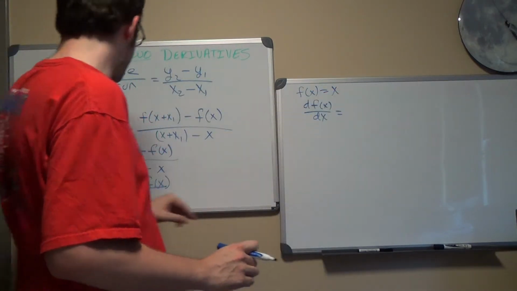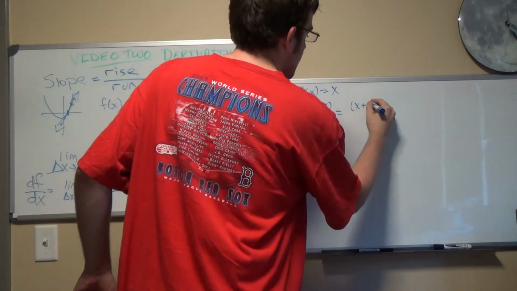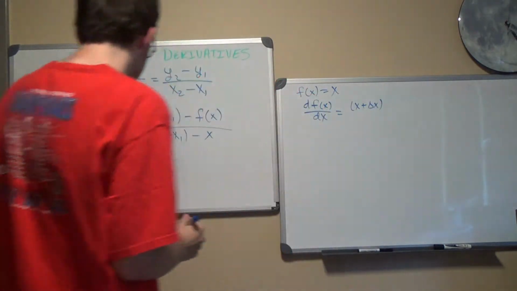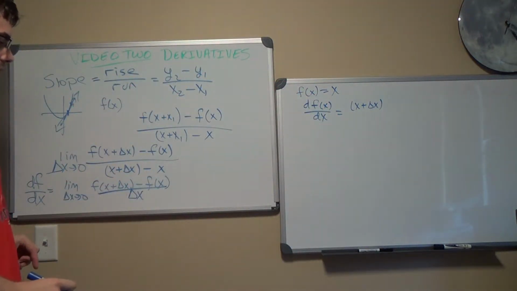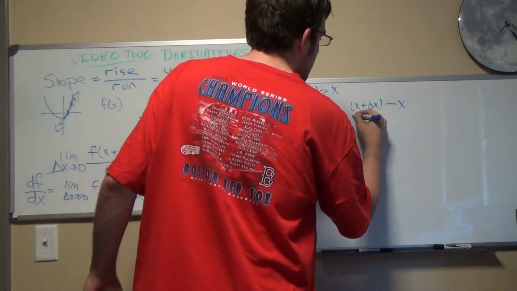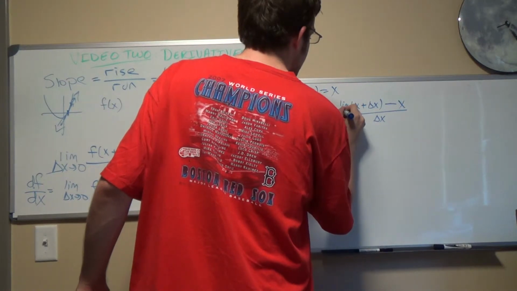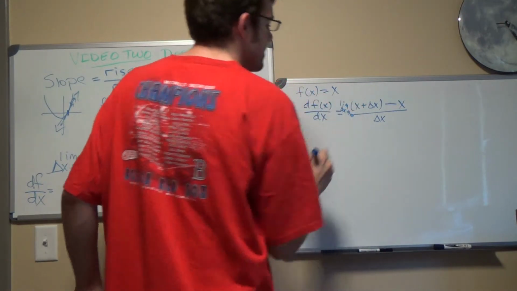Here we just have x, so we can put x plus delta x minus f of x, which is x, divided by delta x, and we need to remember the limit as delta x approaches 0.